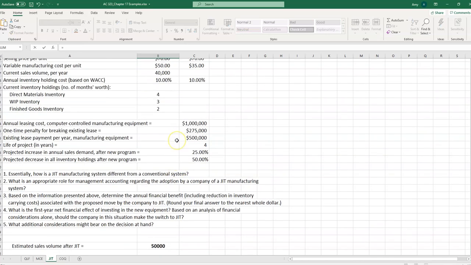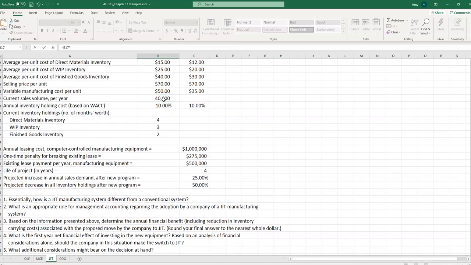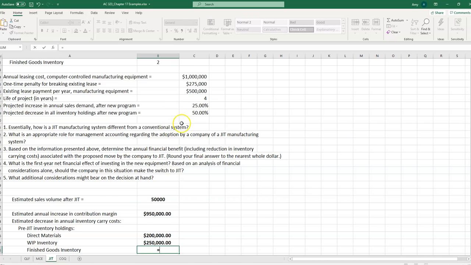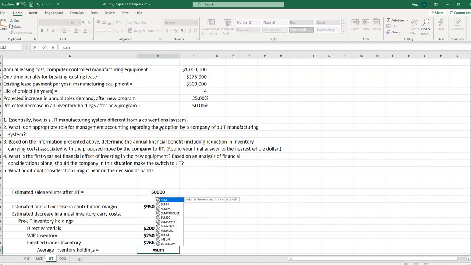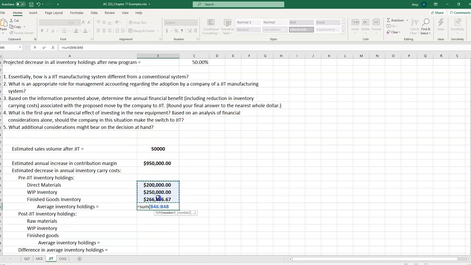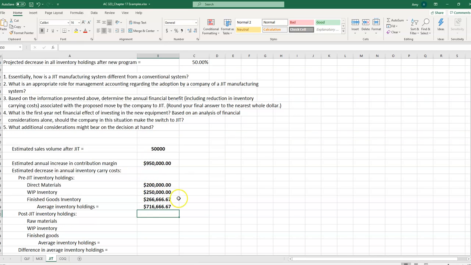And for work in process inventory, the same, 40,000 units times our work in process cost of $25 times the 3 months divided by 12 months. And for finished goods inventory, 40,000 units times $40 per unit times 2 months divided by 12 months. So our current average inventory holdings are $716,667.